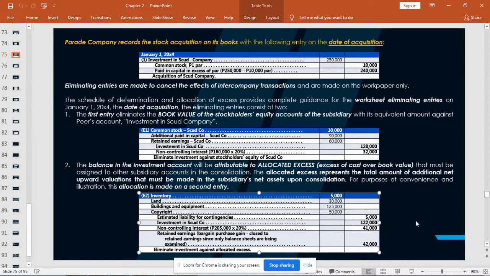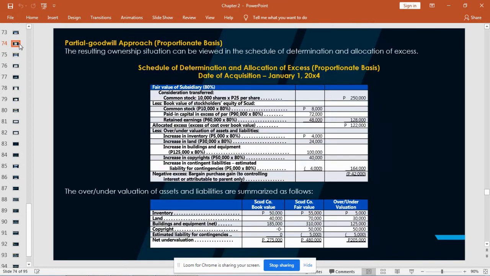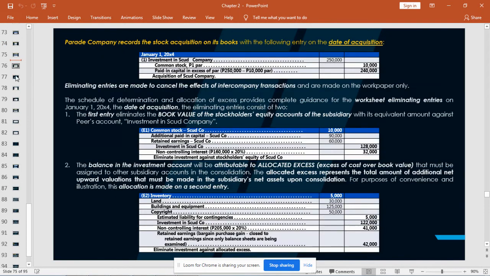Yan. So hindi equal yung remainder ng ating investment account dun sa 80% ng ating over under valuation, right? Kasi yung 80% is 164,000. So yung difference is a bargain purchase gain. Nagets nyo yan?